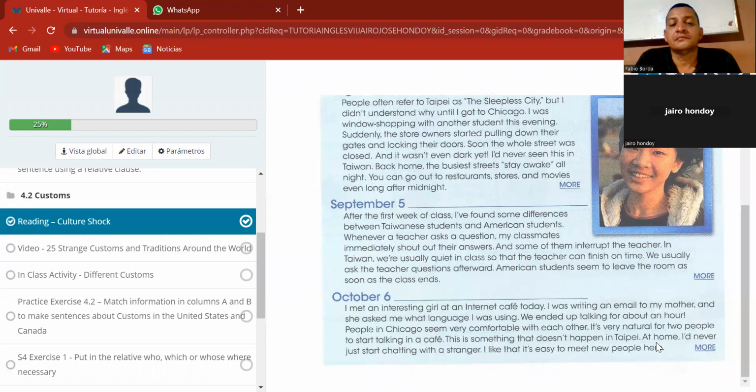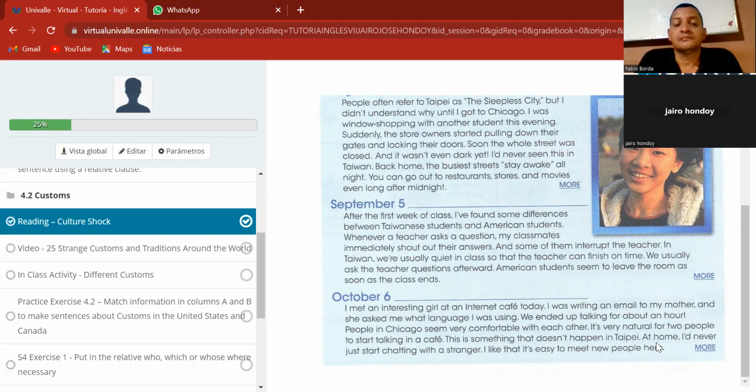In Taiwan, we usually stay in class so that the teacher can finish on time. We usually ask the teacher questions afterward. American students seem to leave the room as soon as the class ends.